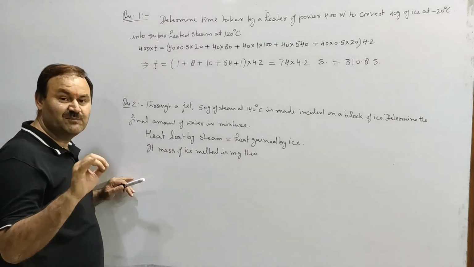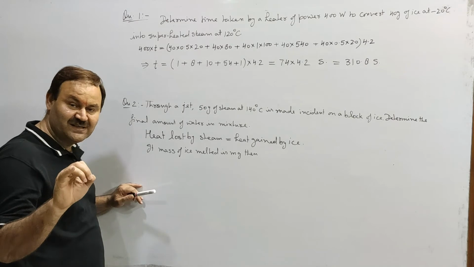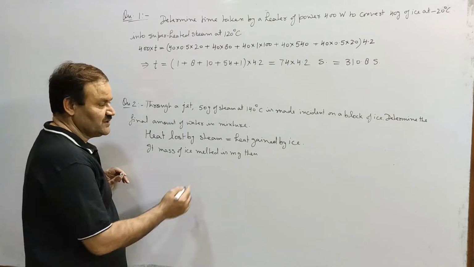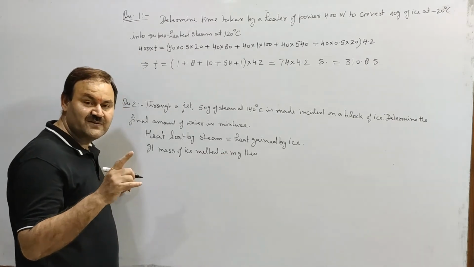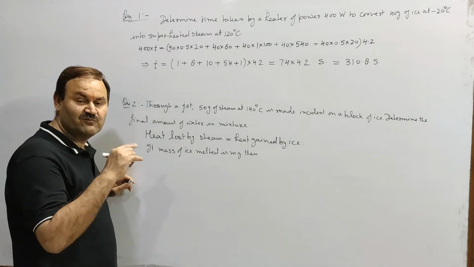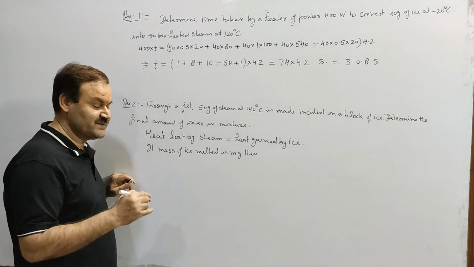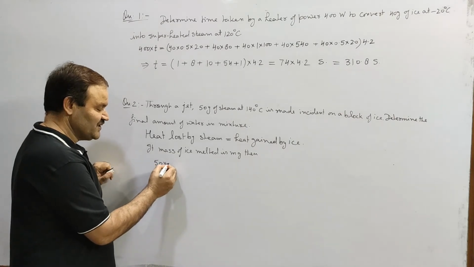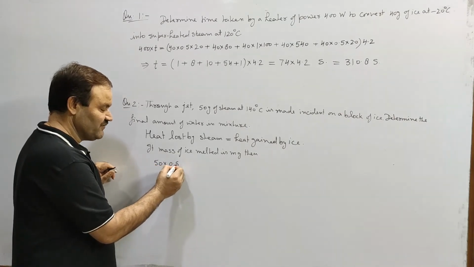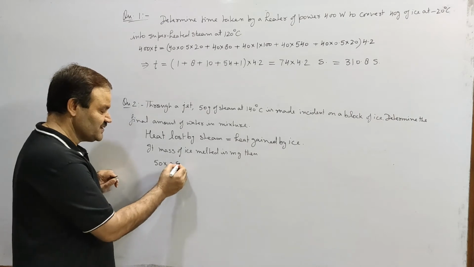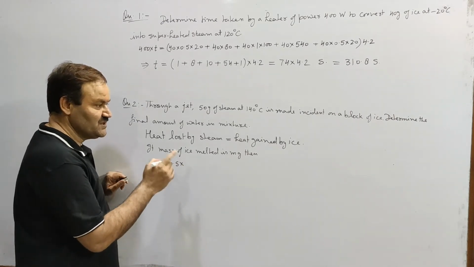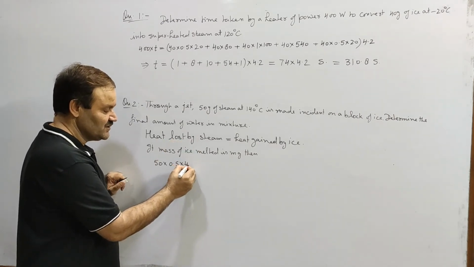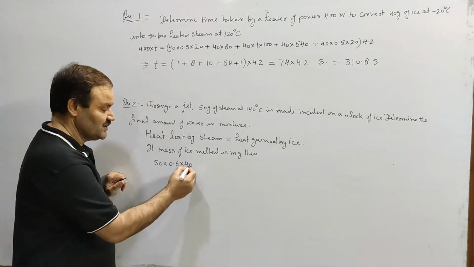And if the mass of ice melted is m gram, then first steam will change its temperature from 140 to 100 degrees Celsius. So mass of steam 50, specific heat capacity of steam is 0.5 calorie per gram per degree Celsius, into change in its temperature 140 to 100, that is 40 degrees Celsius.